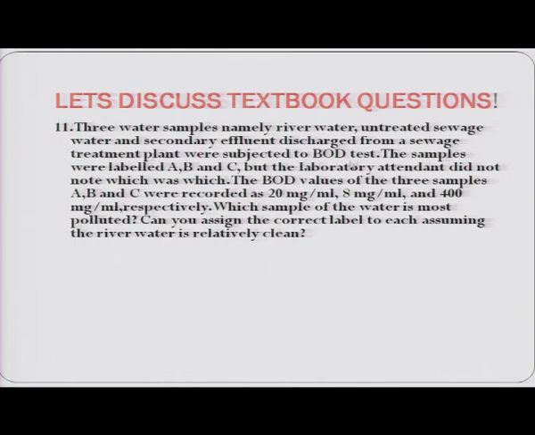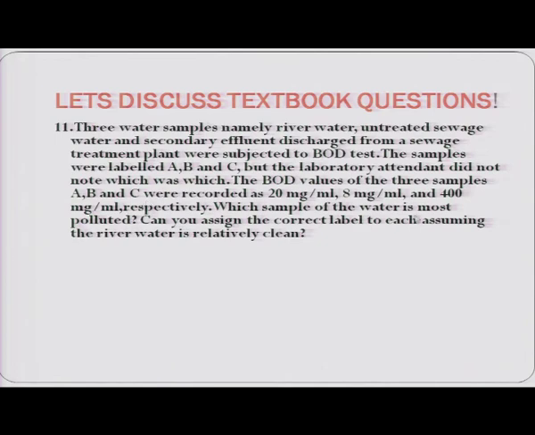So, these were subjected to the BOD test and BOD of these samples were found out. The samples were labeled A, B and C, but the laboratory attendant did not note which was which. The BOD values of the 3 samples A, B and C were recorded as 20 milligram per ml for A, 8 milligram per ml for B and 400 milligram per ml for C.